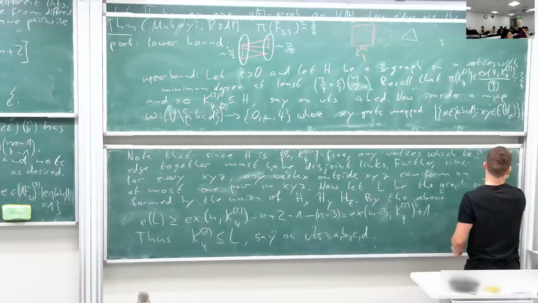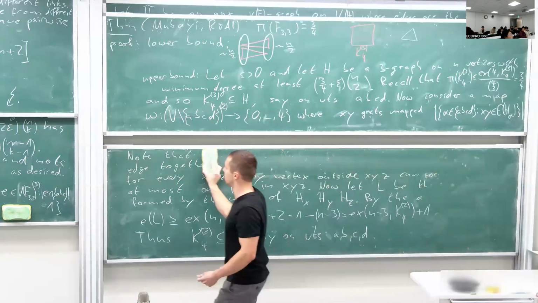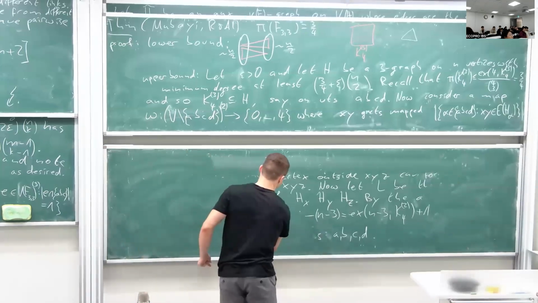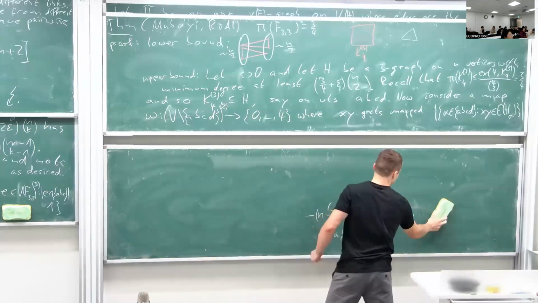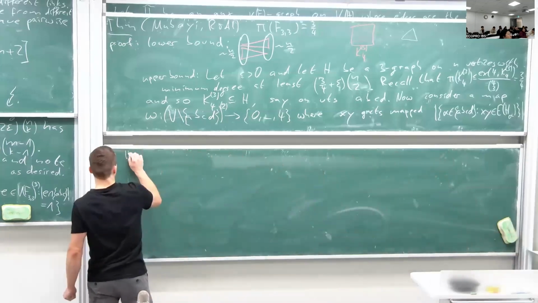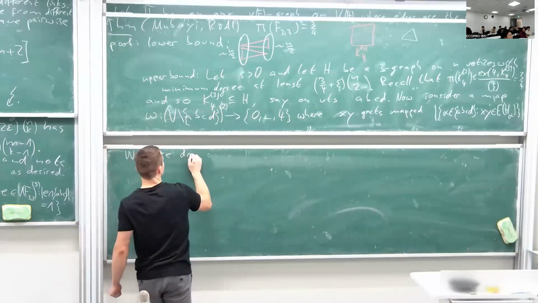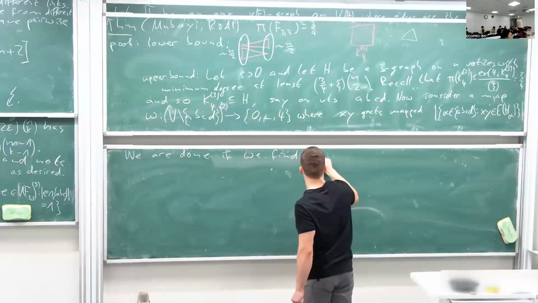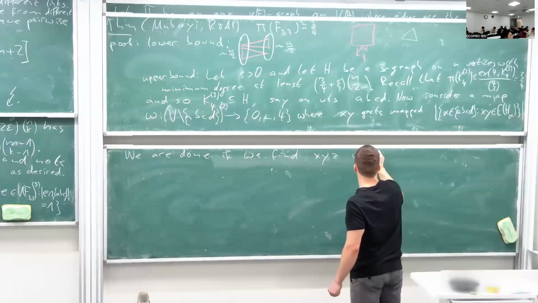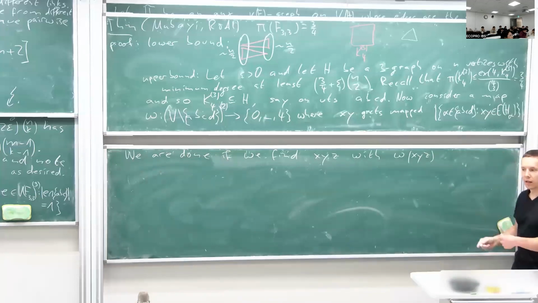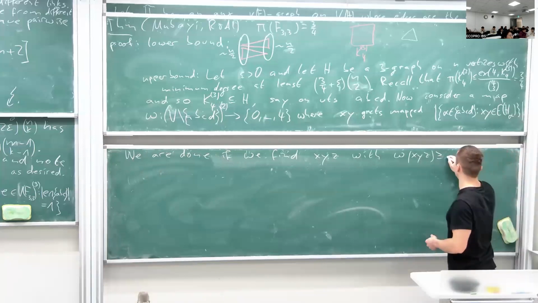And so we are done if we find some x, y, z with the weight on that x, y, z, by which we just mean the sum of the weights on all the pairs in this set, if this is at least 11.